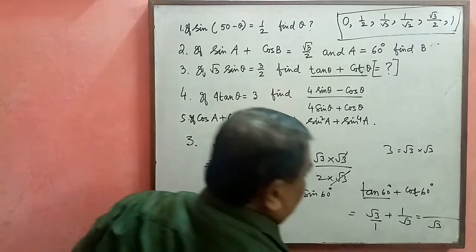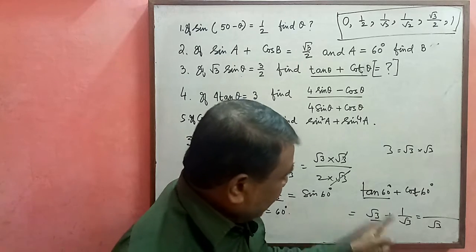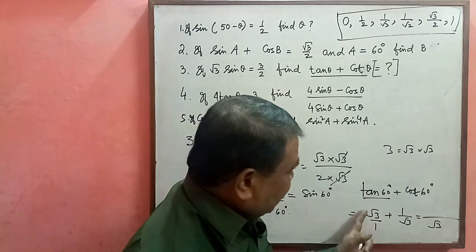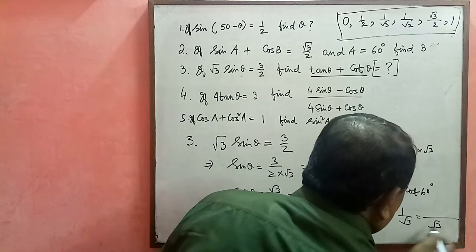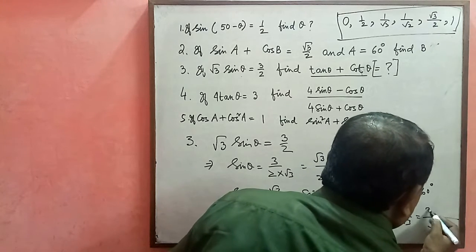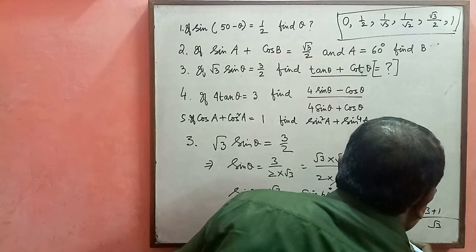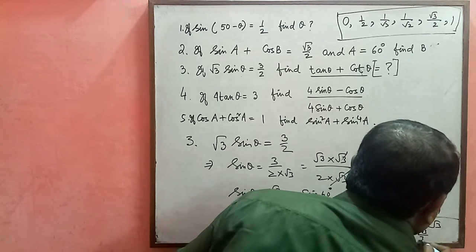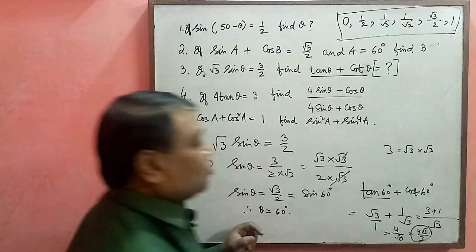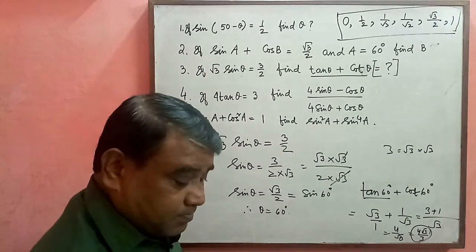If it is a whole number like this, to make it rational, to have numerator and denominator, you put 1 at the denominator. Root 3 into root 3 is 3, plus 1. This is 4 upon root 3, or if you rationalize, this is 4 root 3 upon 3. This is the answer. This is the third one.